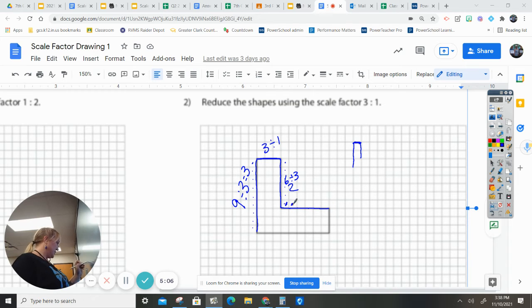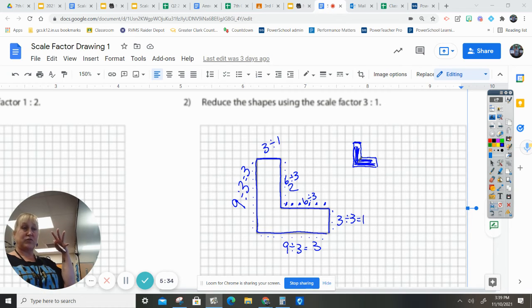This 1, 2, 3, 4, 5, 6. 6 divided by 3 turns into 2. 1, 2, 3. 3 divided by 3 turns into 1. And to double check, 9 divided by 3 turns into 3. So my reduced shape shrunk. So scale factors can be bigger, scale factors can be smaller. That is this answer. Push pause if you need to, but make sure that you have those answers.